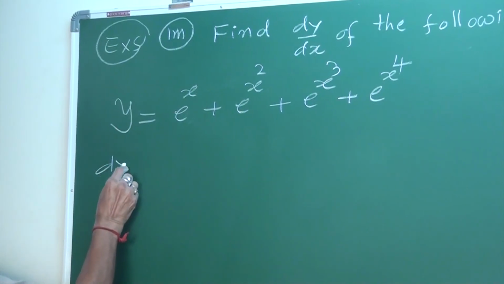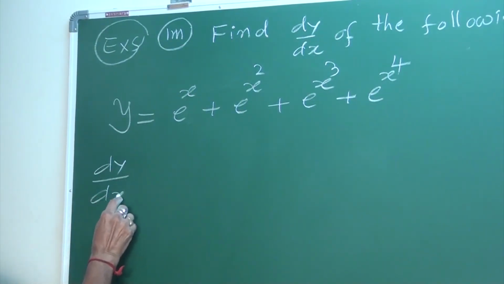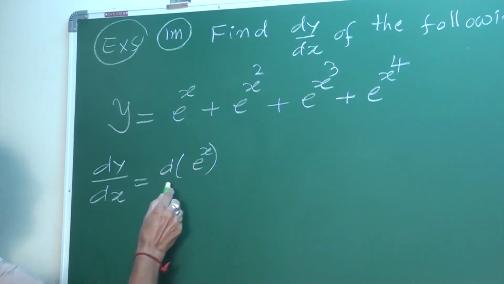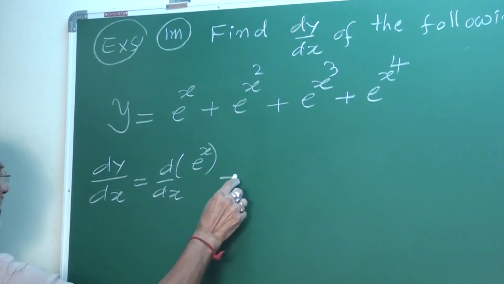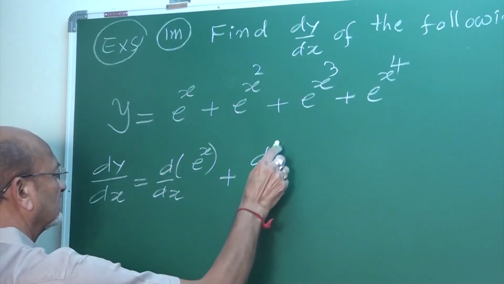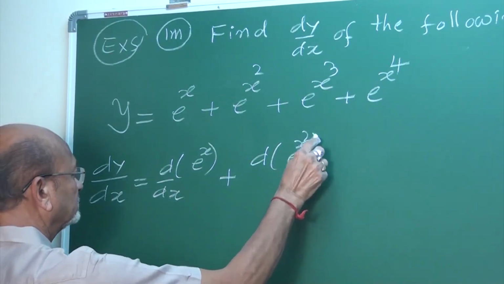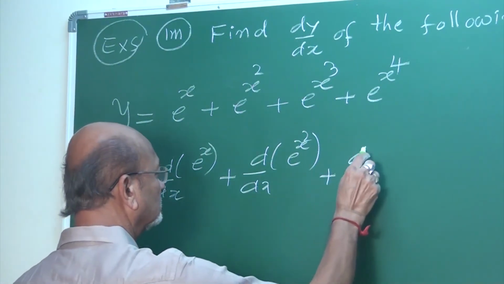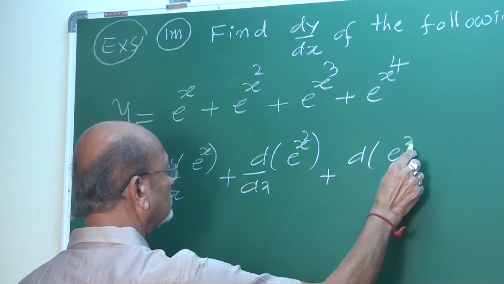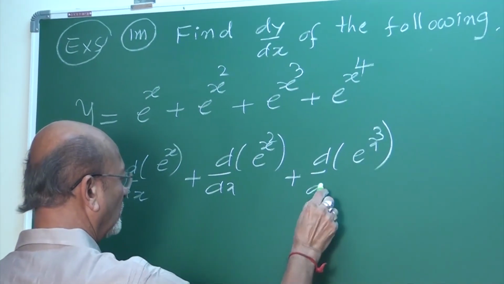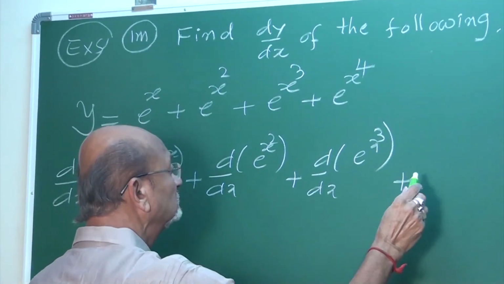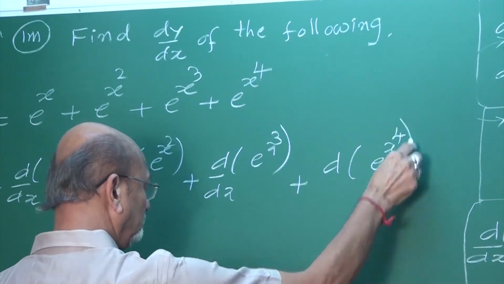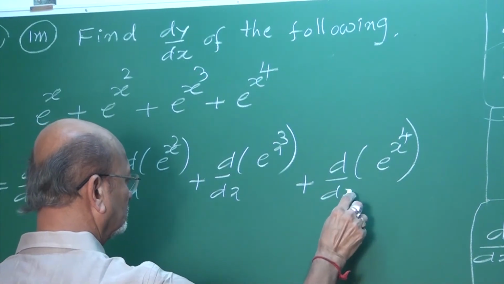dy by dx. Now, my friends, in such cases, it is better to write the individual derivatives: first derivative plus derivative of second, derivative of third, derivative of fourth, with respect to x.